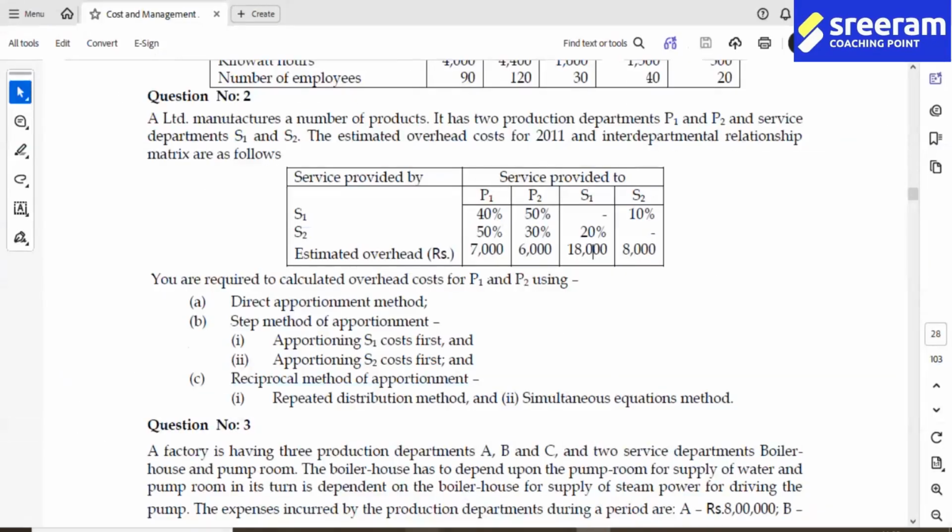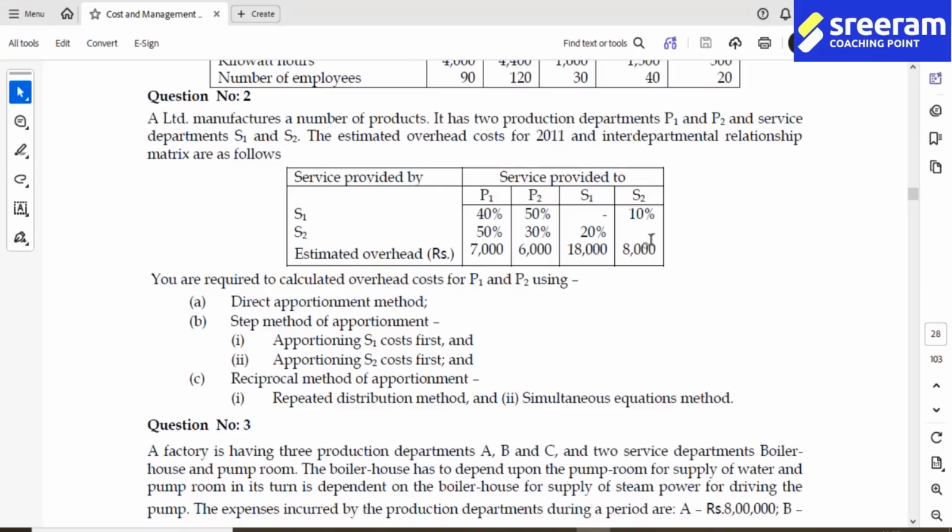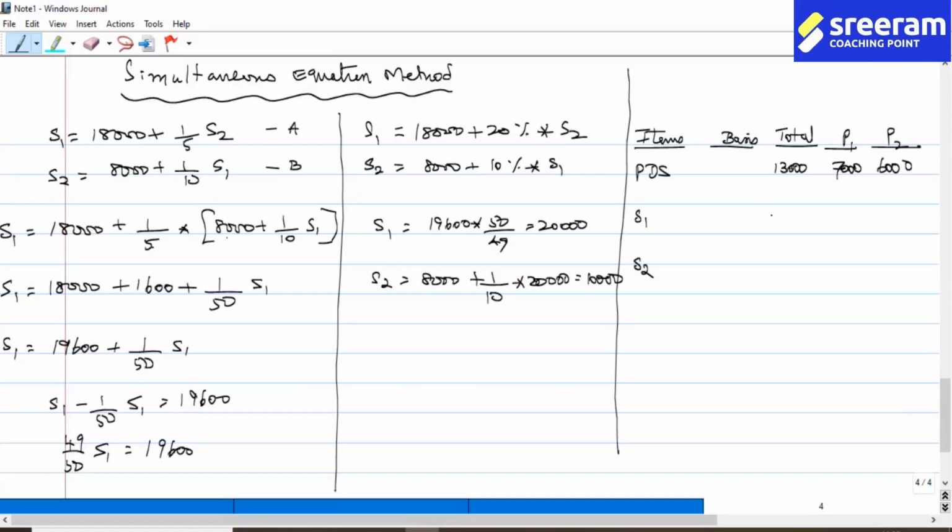For these two, 7,000 and 6,000, total is 13,000. For S1 and S2, all of you watch what I'm doing. It is 18,000 and 8,000 only. 18,000 and 8,000. 39,000 I will make it out here.